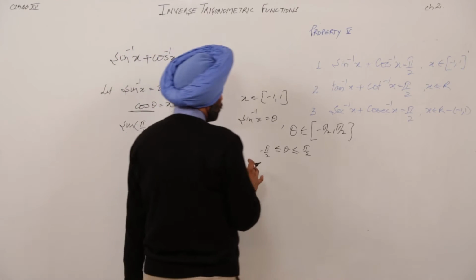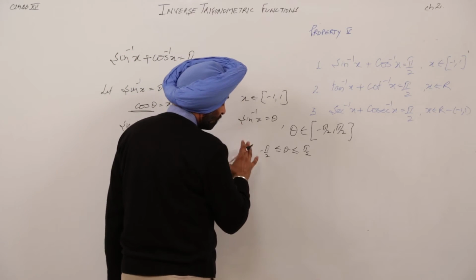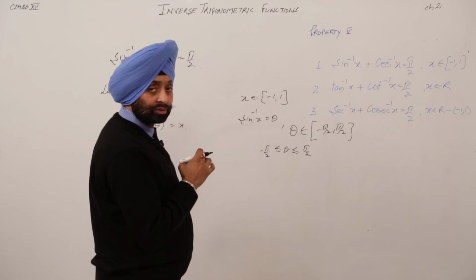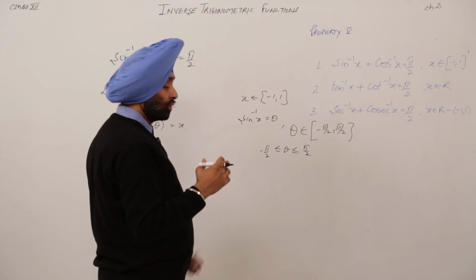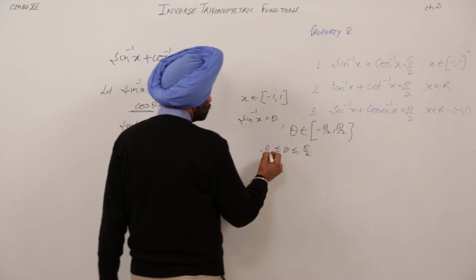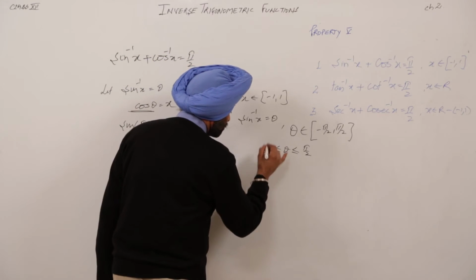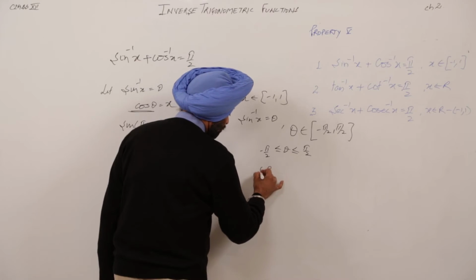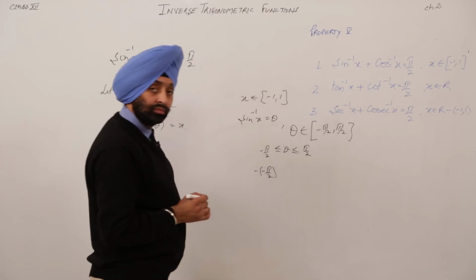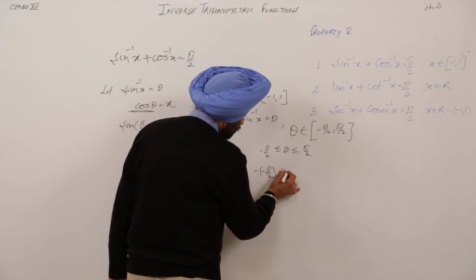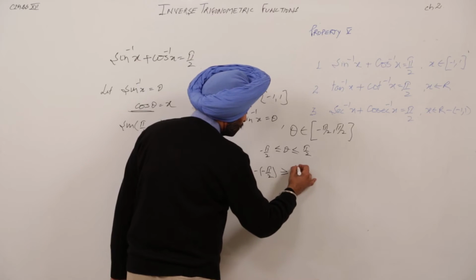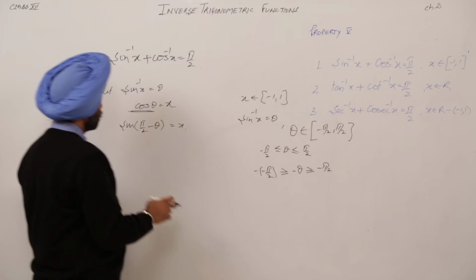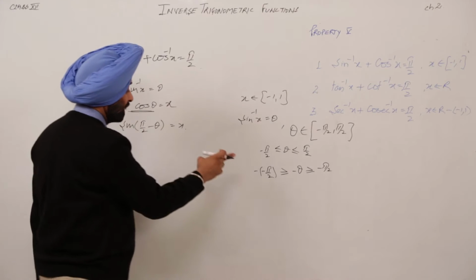If I multiply all three by a negative sign, then the inequality signs will change. So multiplying by minus, we get negative of pi by 2 on the other side; the inequality changes: negative of theta is greater than or equal to negative of pi by 2. Now I want pi by 2, so let me add pi by 2 here.